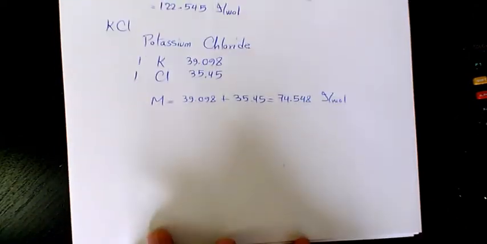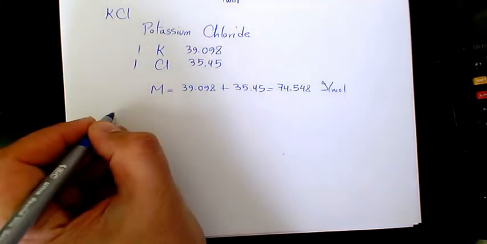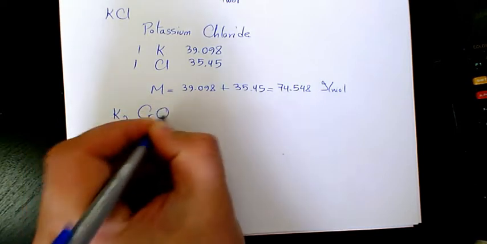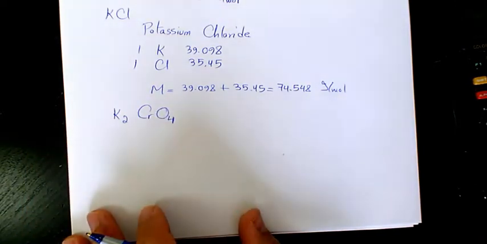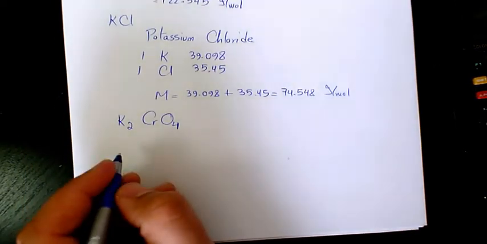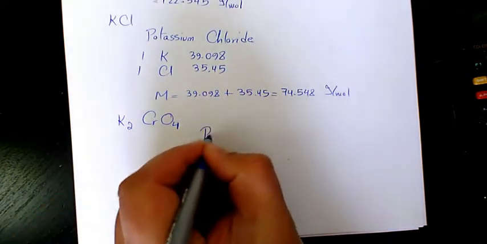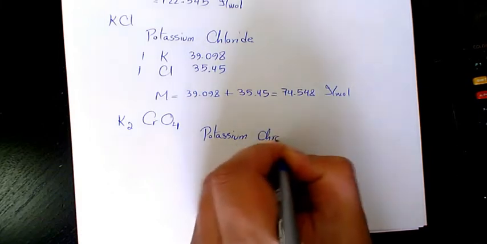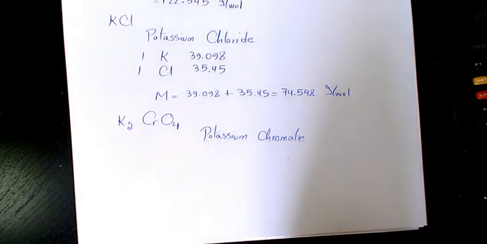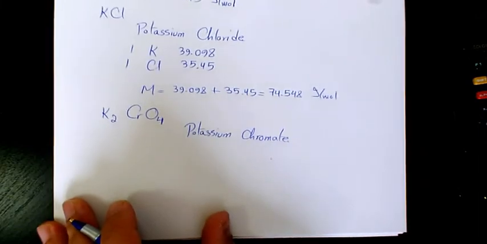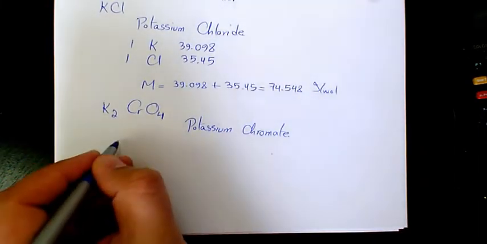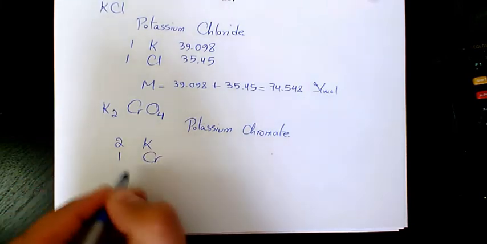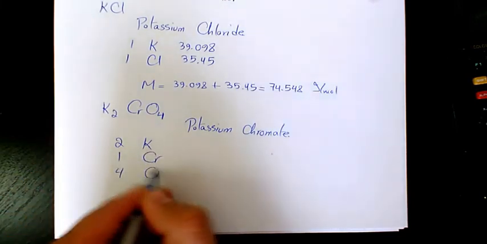Next one is K2CrO4, which is potassium chromate, and that's gonna be 2 atoms of potassium, 1 atom of chromium, and 4 atoms of oxygen.